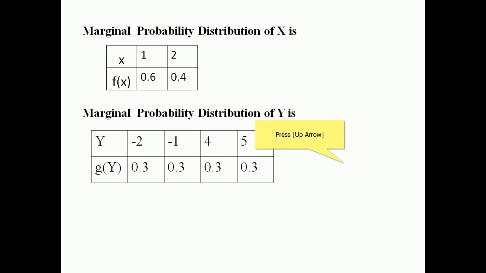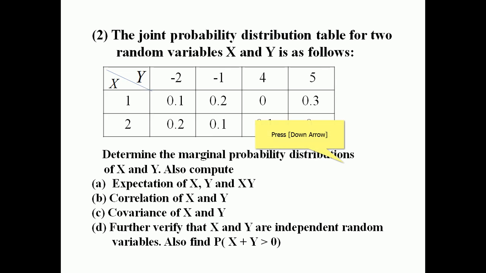Look at this: 1 minus 2 is minus 1, it is not greater than 0. 1 minus 1 is 0, it is not greater than 0. It is 1 plus 4, greater than 0. 1 plus 5, greater than 0. 2 minus 2, not greater than 0. 2 minus 1 is 1, it is greater than 0. 2 plus 4, 6, greater than 0. 2 plus 5, 7, greater than 0.